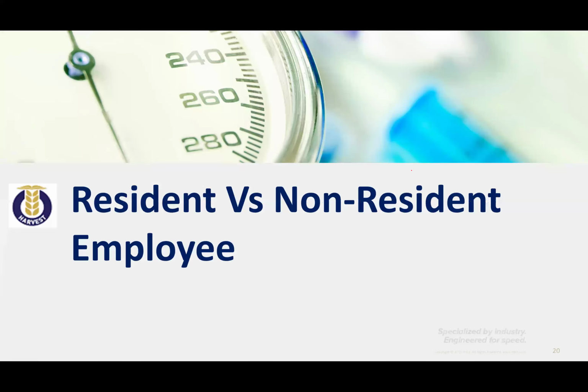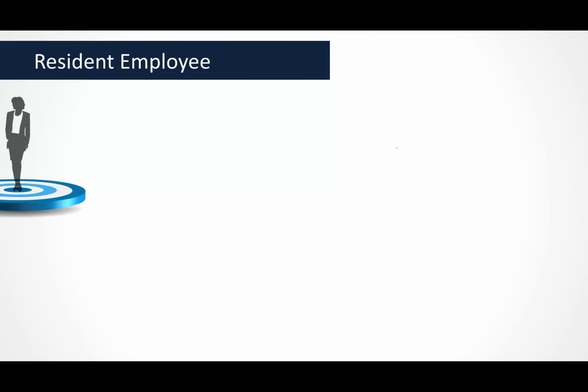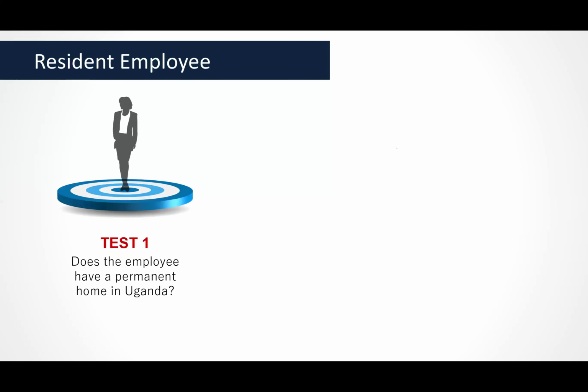So it looks like we need to clearly understand who is resident and who is non-resident as we are preparing the return. As you're preparing the return, you must do it the right way. Who is resident, who is non-resident? In this discussion, there are 3 tests that we make.